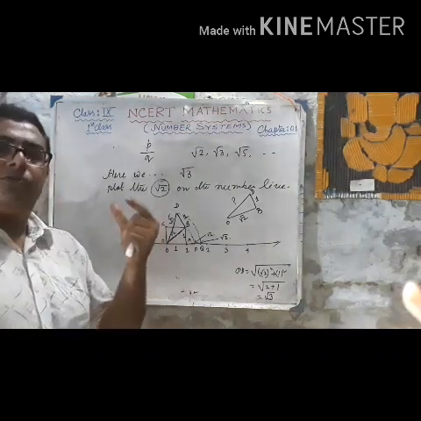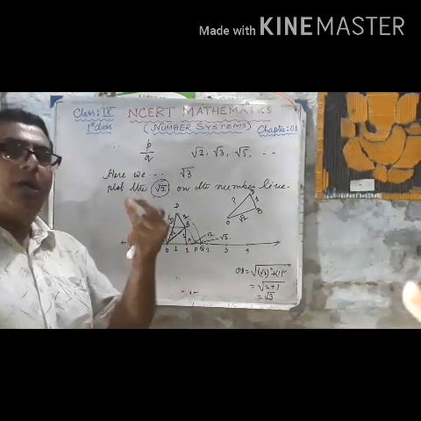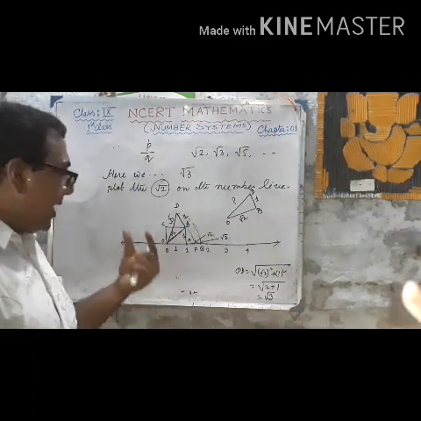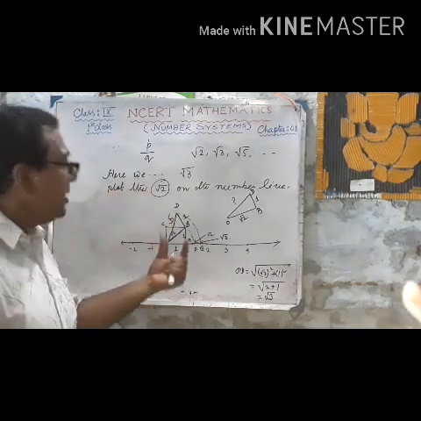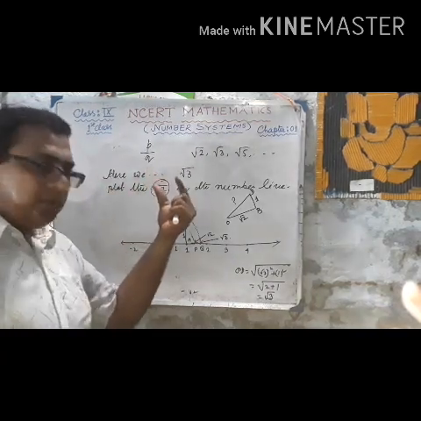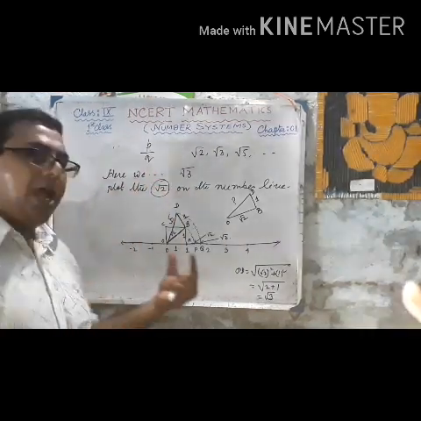Students should now try to solve the classwork and the exercise and draw root 2, root 3, root 5 on the number line the same way. Thank you.